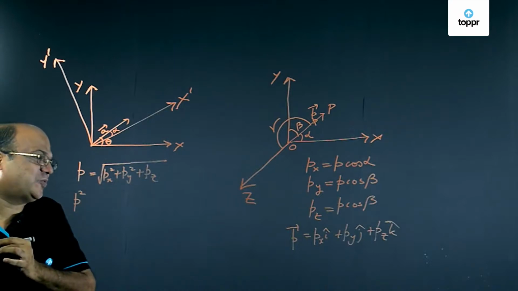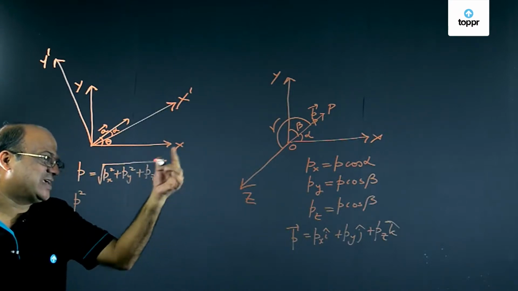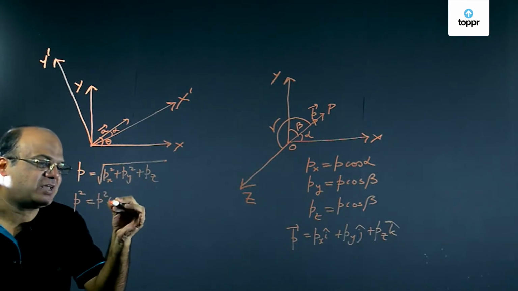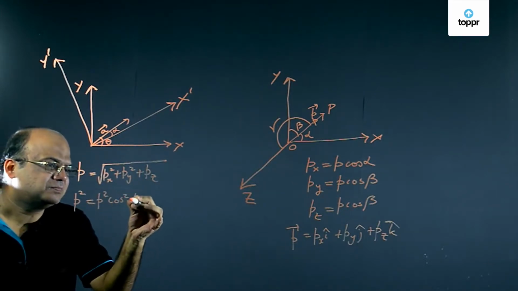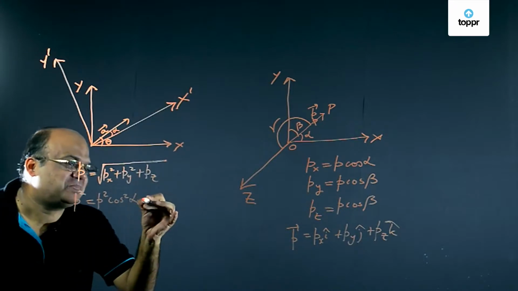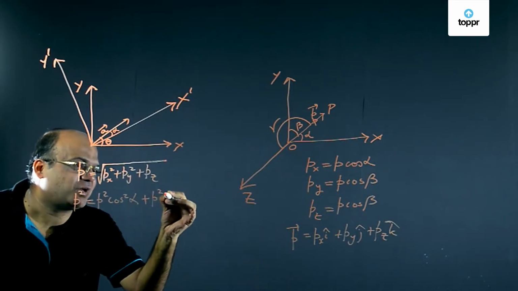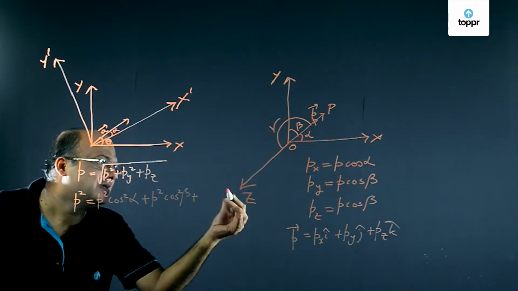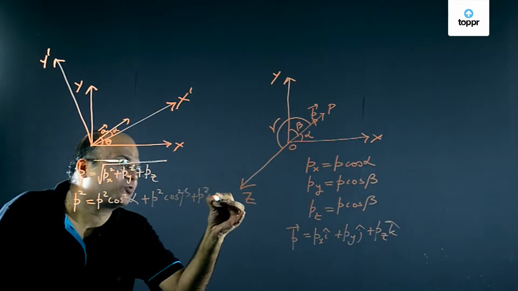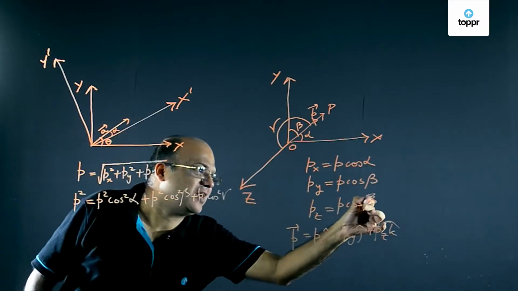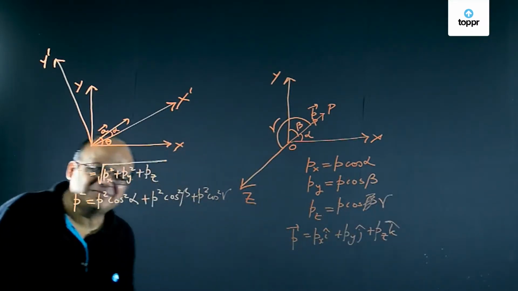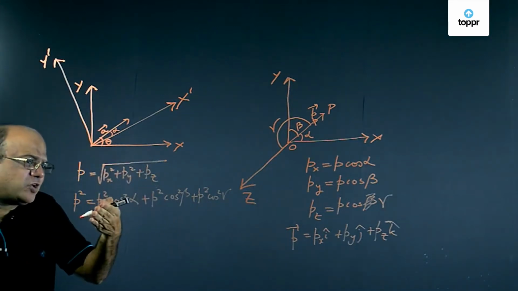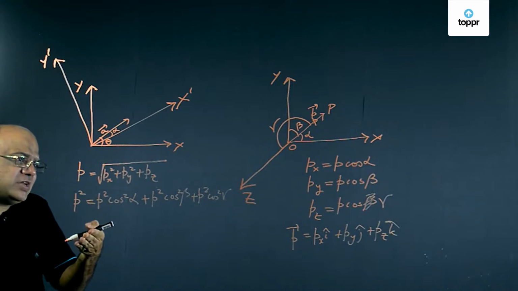Right? P square. Px is P cos alpha. Square that. We get P square cos square alpha. Then plus P square cos square beta. And then P square cos square gamma. Right? So now we can take P square common. P square by P square will give us 1.